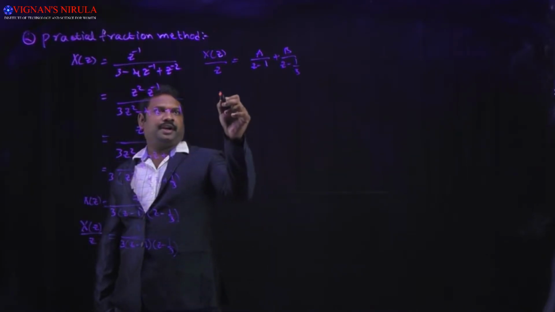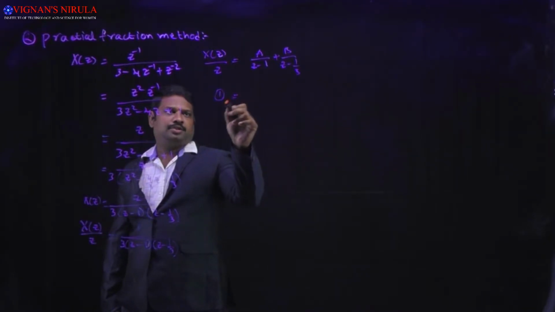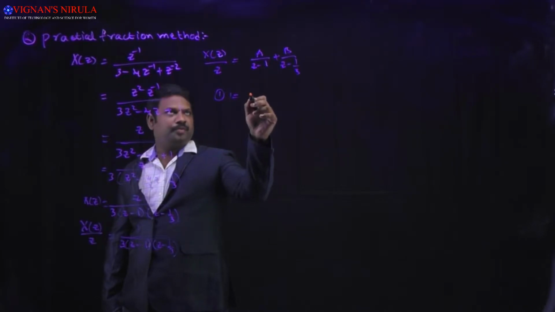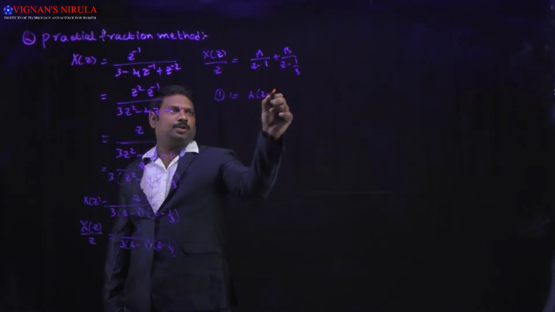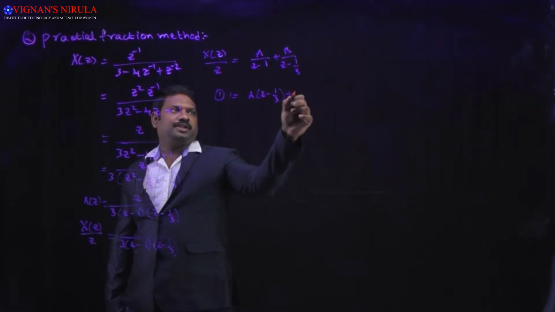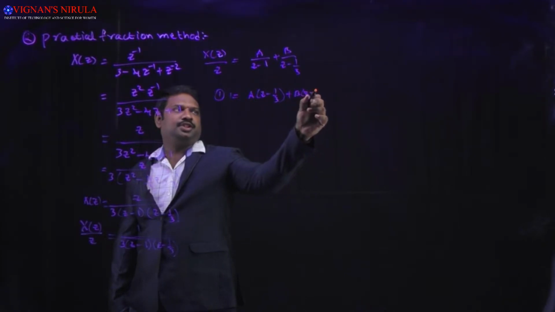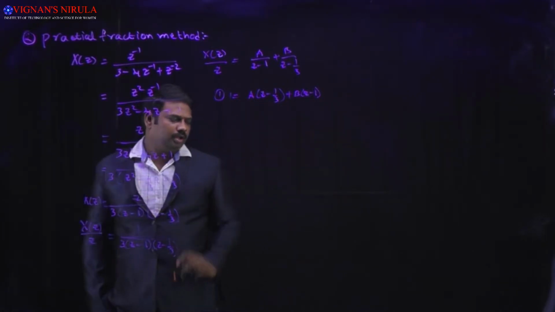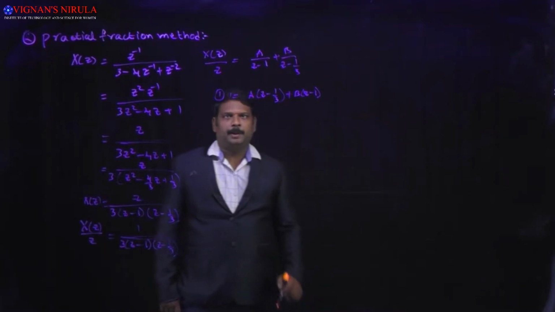Here the numerator has 1, so 1 = A(z - 1/3) + B(z - 1).